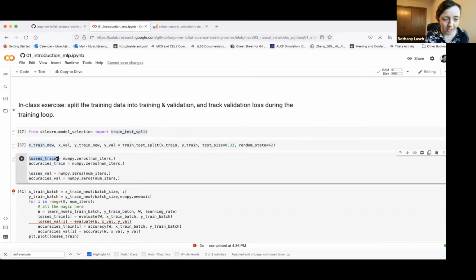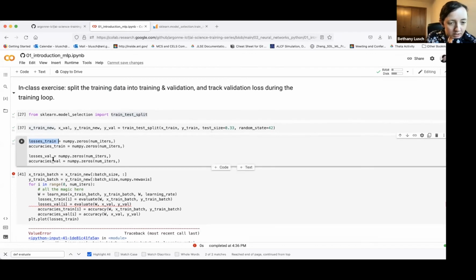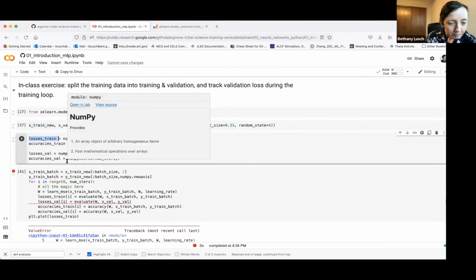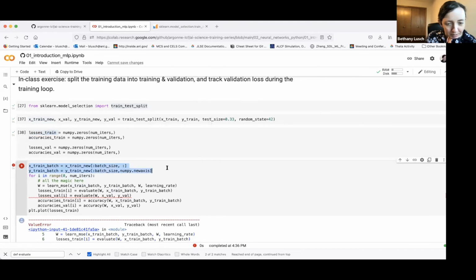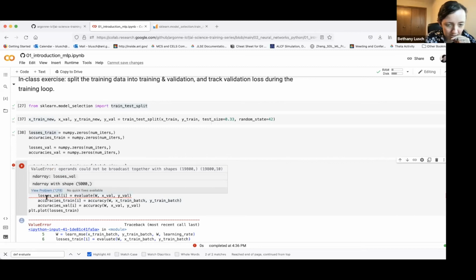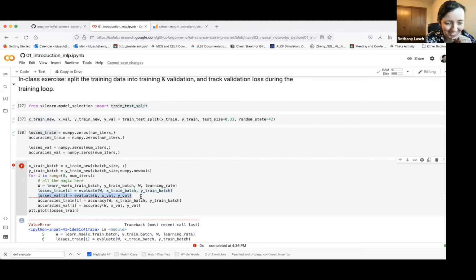Okay, so now I want to track the loss and accuracy for both train and val. So I made more arrays to track them. We're still doing this lazy grab of one batch. In the loop, we do the training step. Then I get the training loss. Now I want the validation loss.